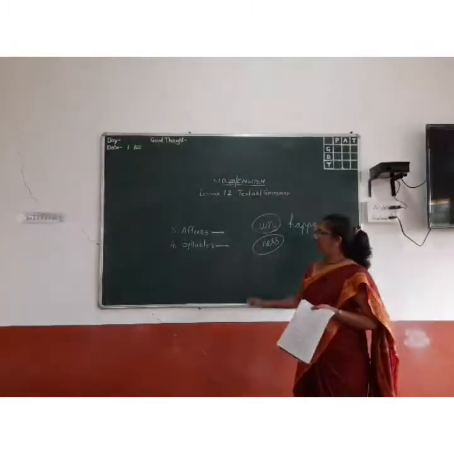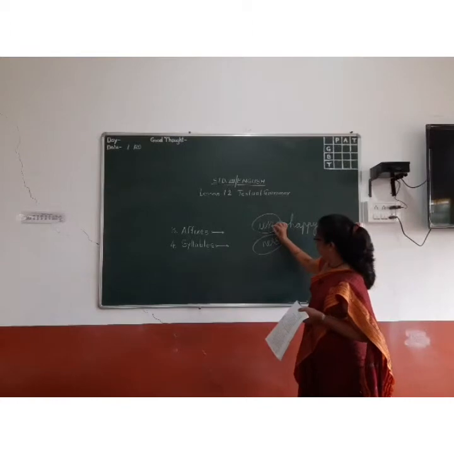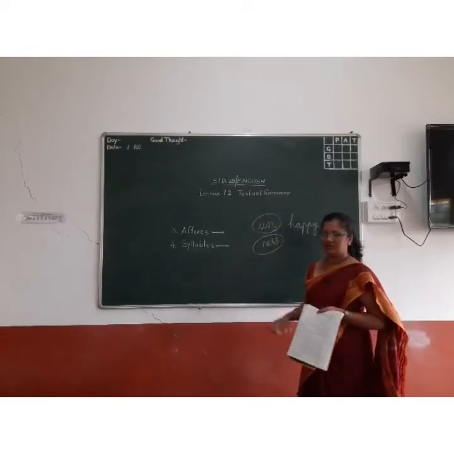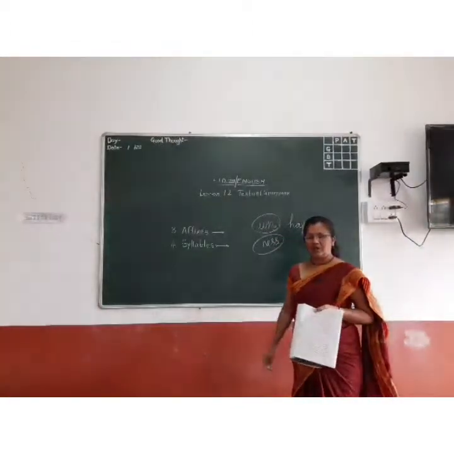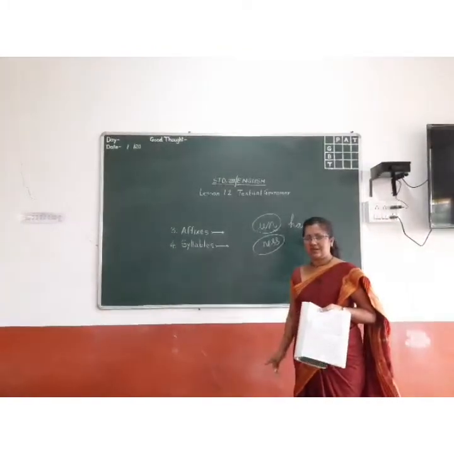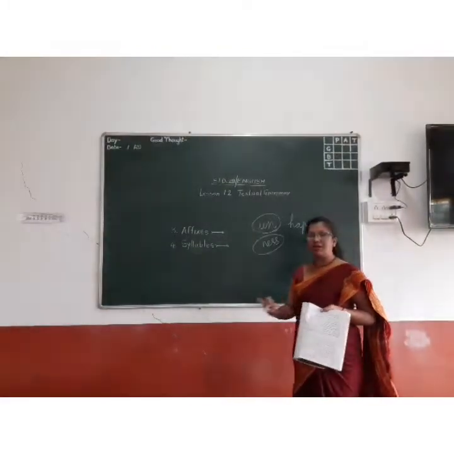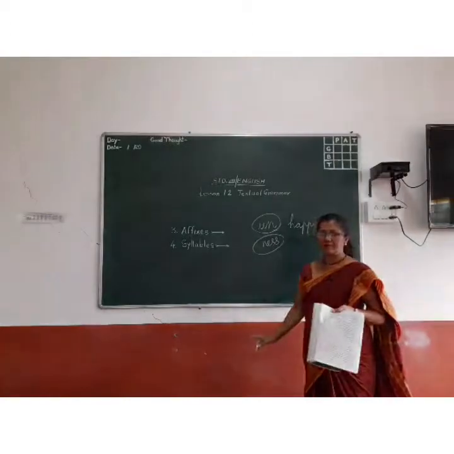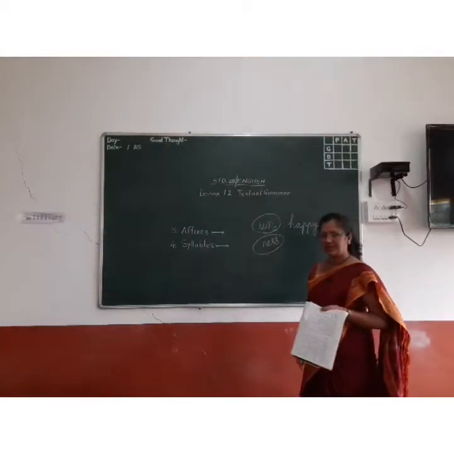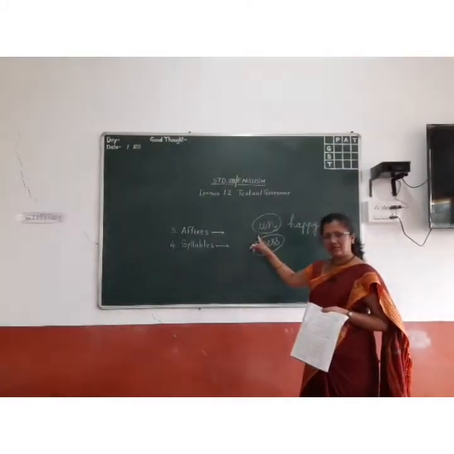Another thing is that if we take this group, that is un or ness, separately, as I said, they do not have any meaning. Is there any meaning to ness or un?